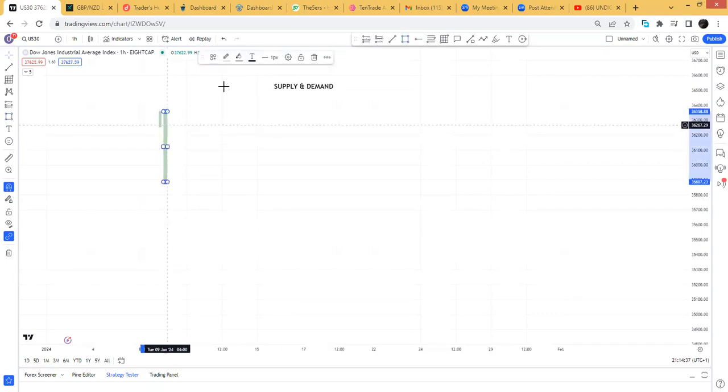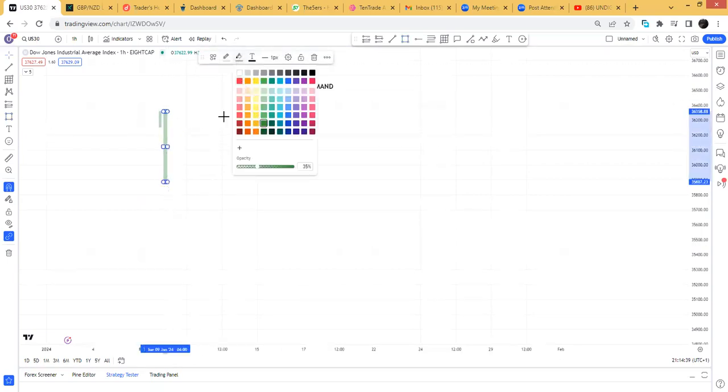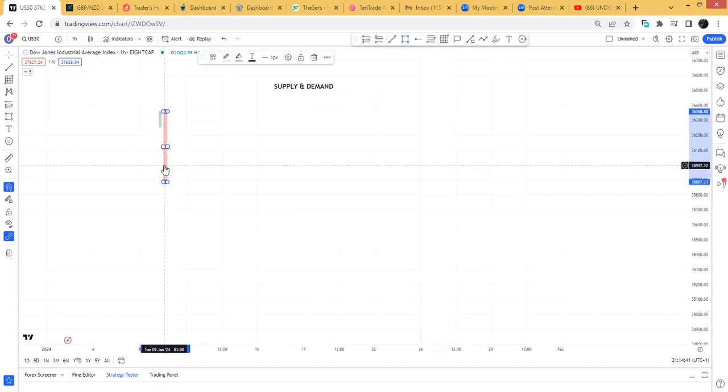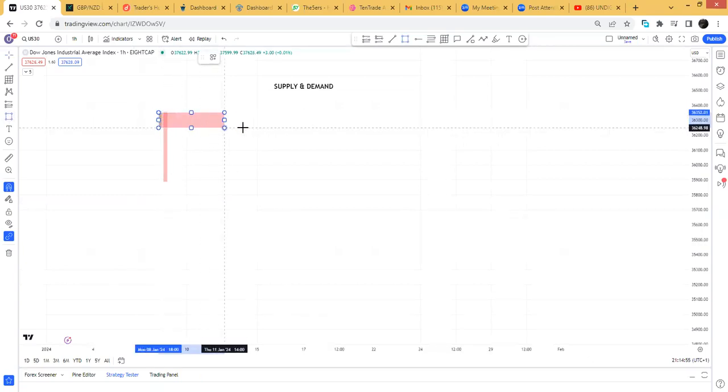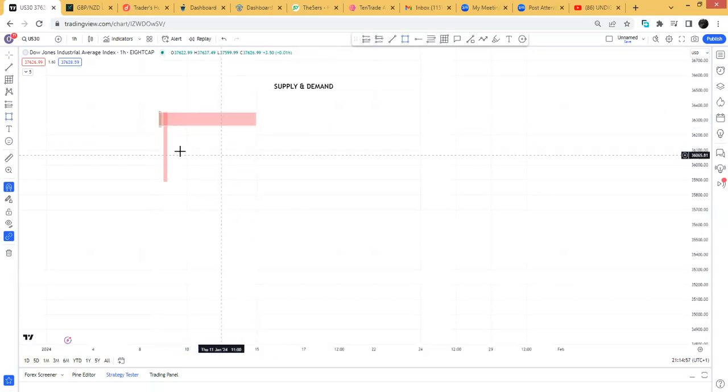It is the last green candle before a drop, or before a displacement that causes a break of structure. Not to worry, I'm going to show you guys a chart example, minimum, one. So your supply zone is the last green candle before a huge displacement to the downside. That is your supply, okay?